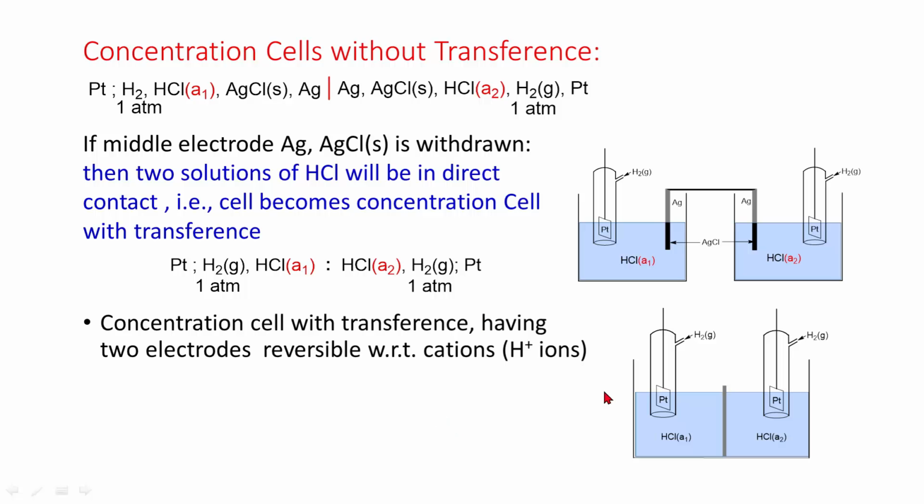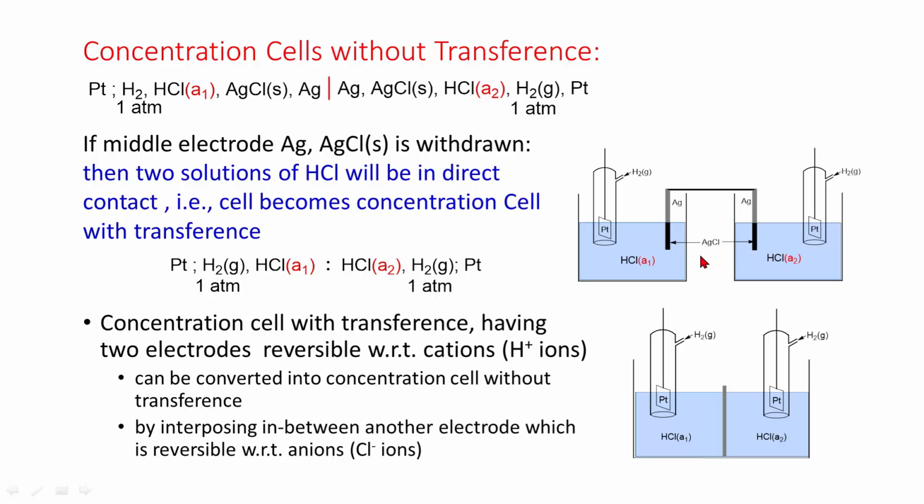Therefore, a concentration cell with transference having two electrodes reversible with respect to H ions can be converted into a concentration cell without transference by interposing in between another electrode which is reversible with respect to chloride ions.